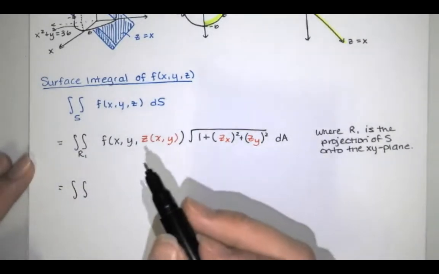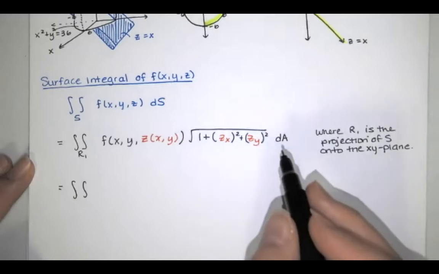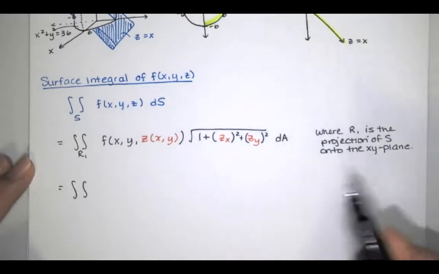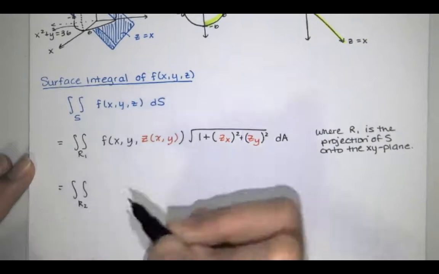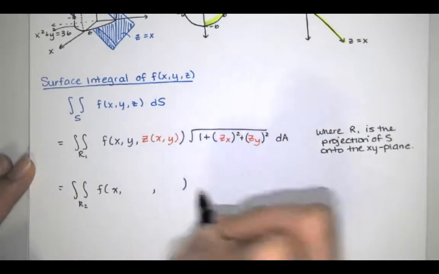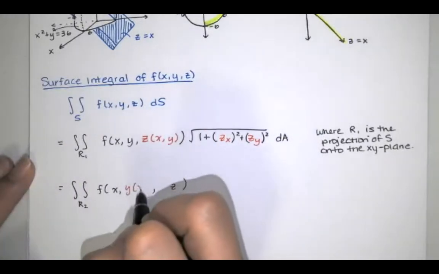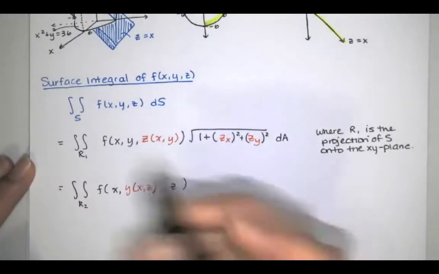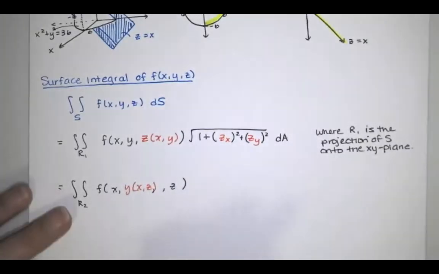So rather than projecting onto the xy plane and evaluating this as a double integral where dA is dx times dy or dy times dx, we could do this instead. Maybe y can be written as a function of x and z. Because it's really arbitrary what letters we call x, y, and z.